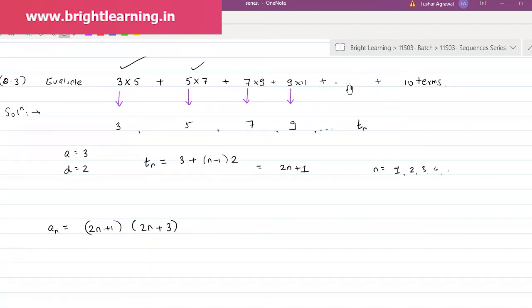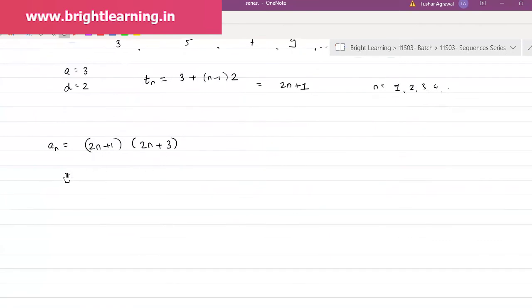So now the summation up to 10 terms is just the summation for n equal to 1 to 10 of 2n plus 1 into 2n plus 3. Write this down quickly. We have the formula.